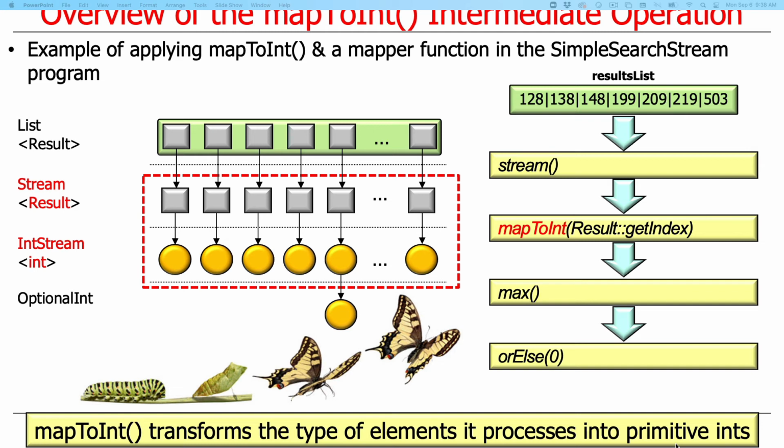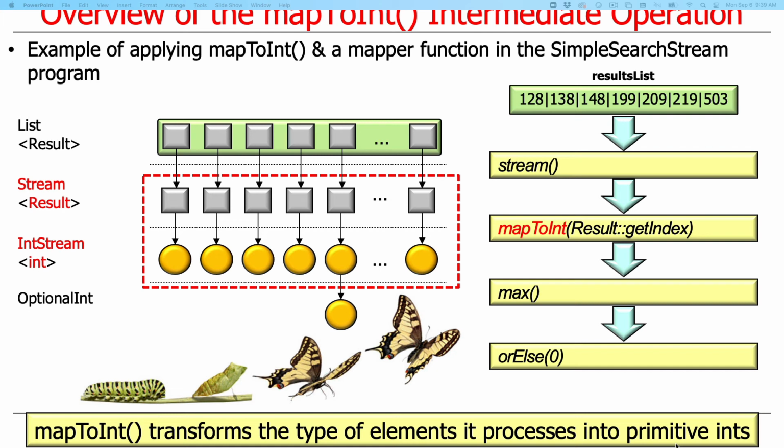So the optional that it returns is something that we can then use with this other cool method called orElse. And orElse says, if the optional is not empty, return its value. Or else, return whatever we pass here, which in this case is 0. So what that is saying is, if there's nothing in this list, just return 0.